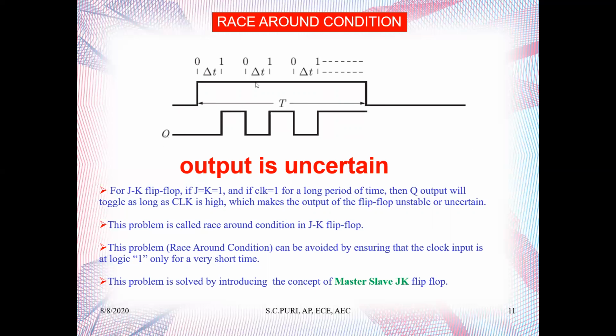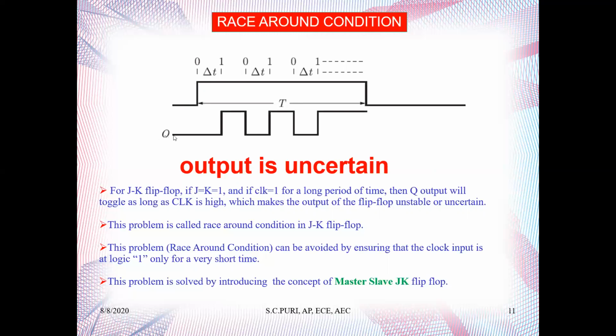Suppose this time delay of the clock is more than the propagation delay of the flip-flop. What will happen? The output will go on changing. If it is J1 K1, that is a toggling condition, isn't it?